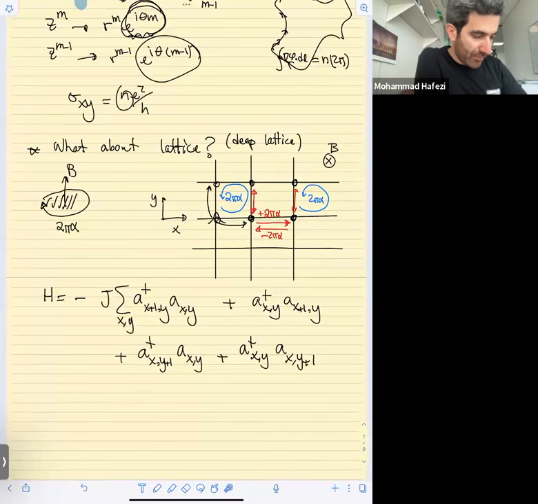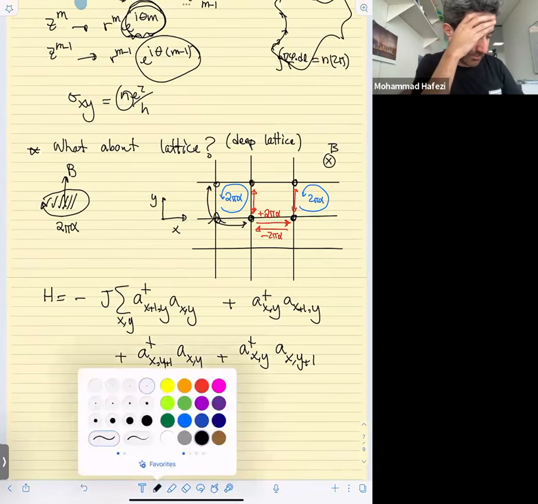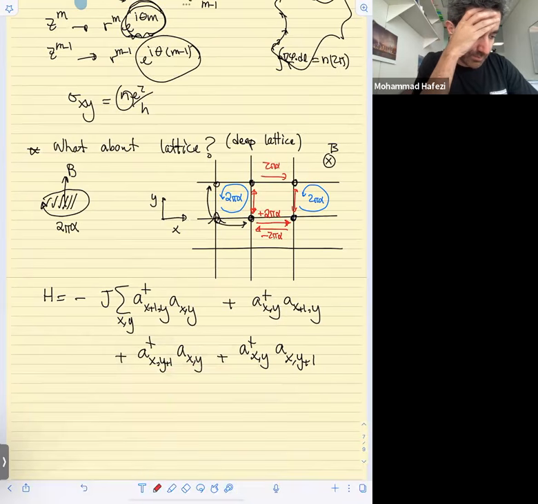Now, if I put 2 pi alpha over here and then 2 pi alpha over here, is that enough? Let's see. If I go around the system like this, let's say clockwise, here I get 2 pi alpha, here I get 0, 0, and then I get minus 2 pi alpha.